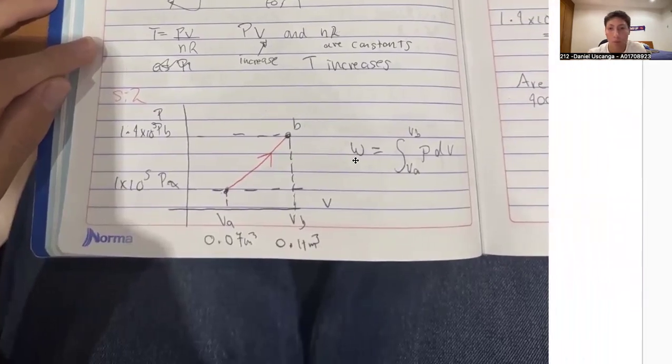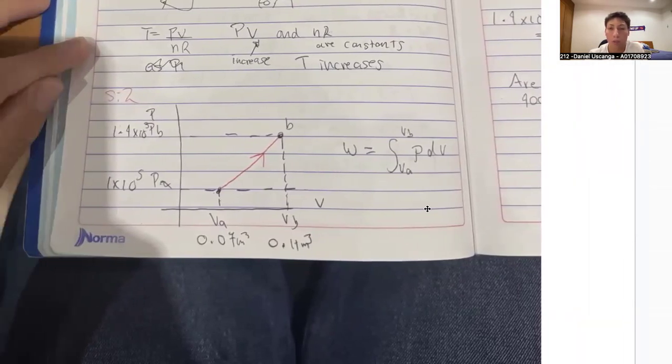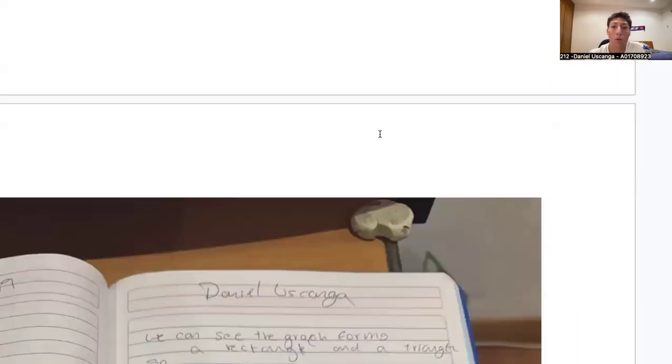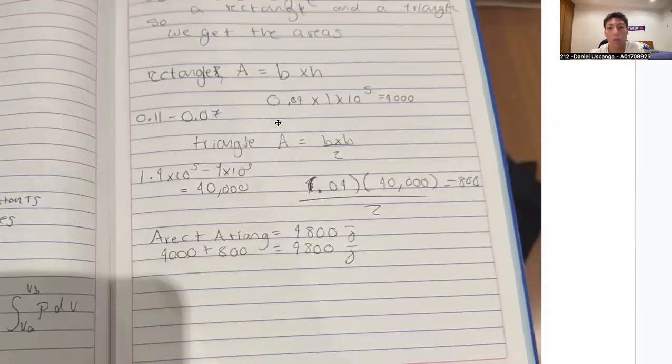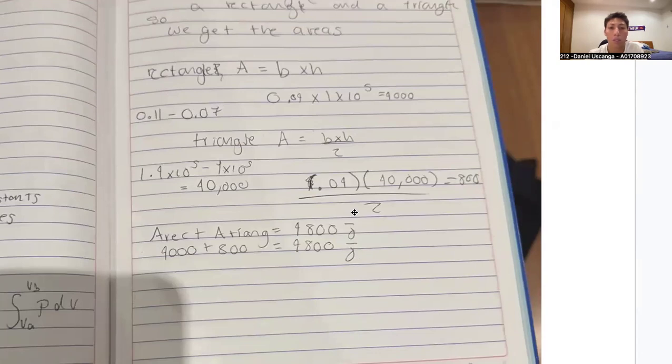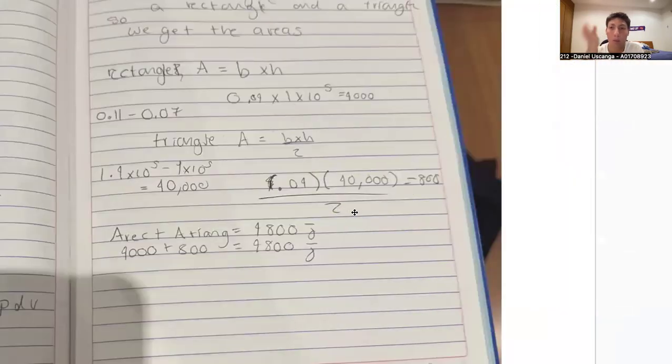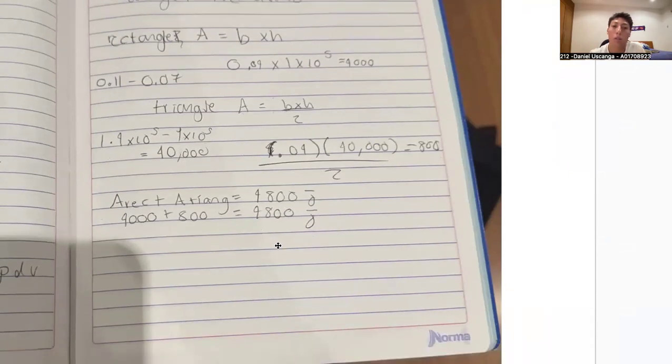Then we have this problem in which they ask us for the work done. We know this is a rectangle and a triangle, so regularly we should do this with this, but I did it by taking the areas of both of them because I think it's easier. In this case, the height and the base are clearly marked, and the base is just the difference between our data, and we just used some formulas in order to get the work done.